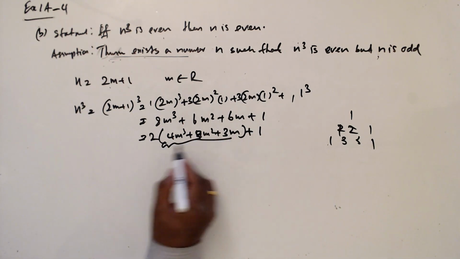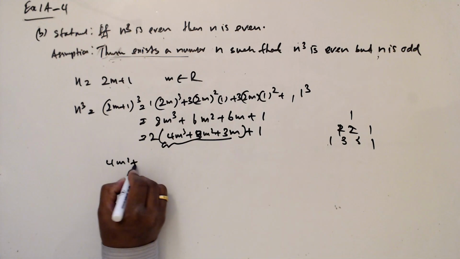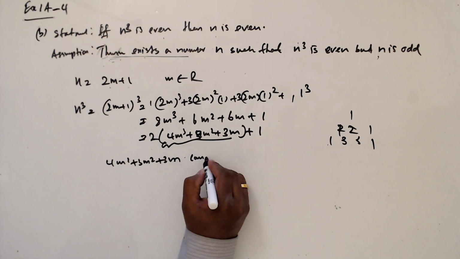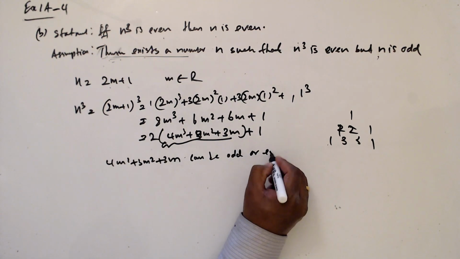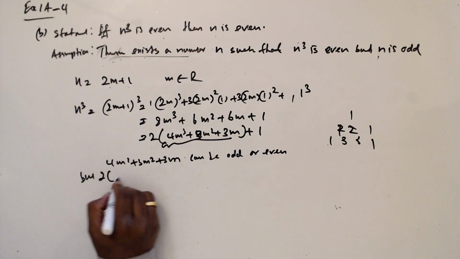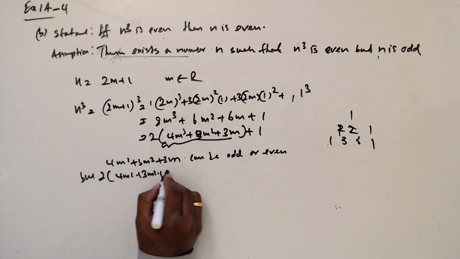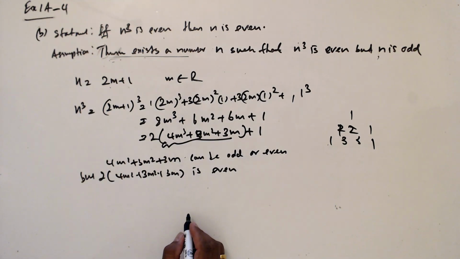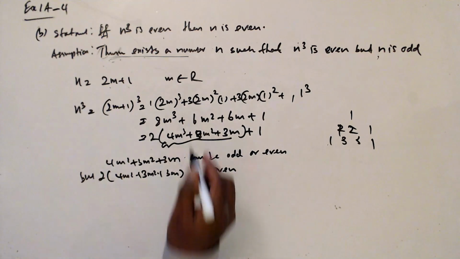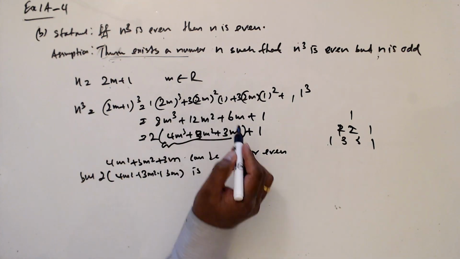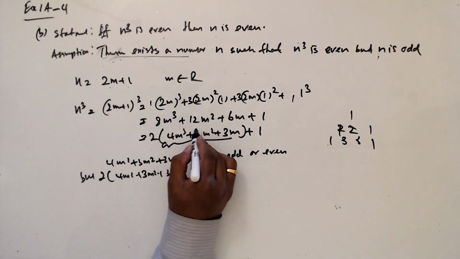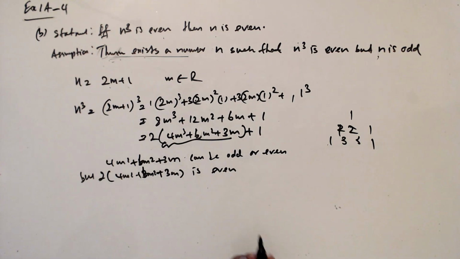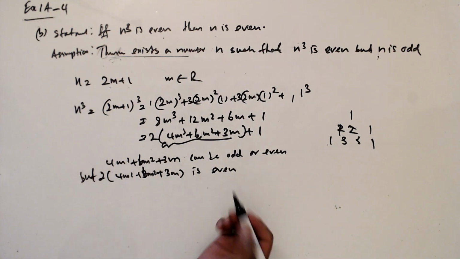Now if I take 2 out, it is 2 times 4m cubed plus 6m squared plus 3m, plus 1. Whatever 4m cubed plus 6m squared plus 3m is, it can be odd or even, but 2 times it is definitely even.